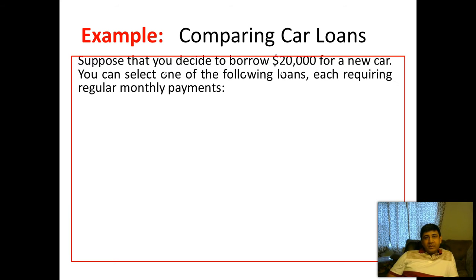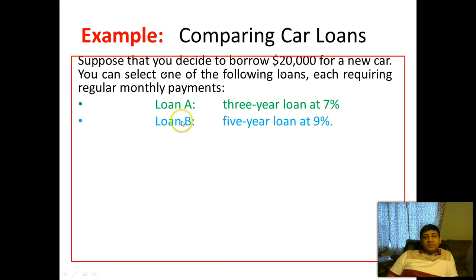So let's start with an example in which we will compare different car loans offered to you by the dealer. Suppose you decide to borrow $20,000 for a new car, and you can select one of two loans which require regular monthly payments. The first option is loan A, a 3-year loan of $20,000 at the rate of 7% per year. So R is 7%.